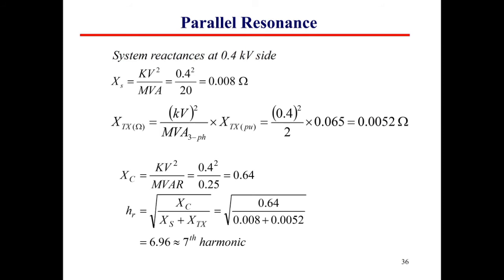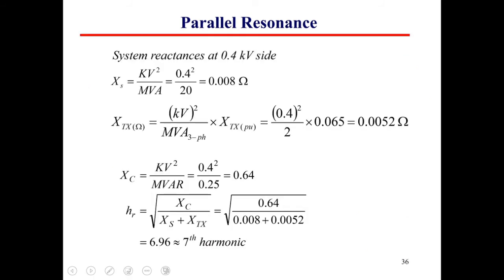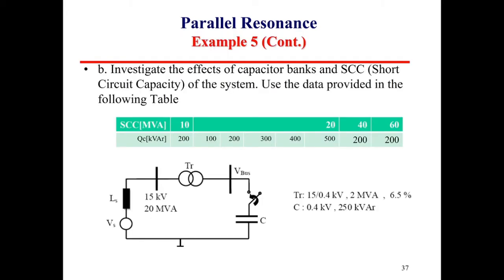So this is the system impedance, 0.4 over 20, the transformer, the base times per unit, X for the reactive, for the capacitor bank, and then you can find the harmonic order, and that will be 7.